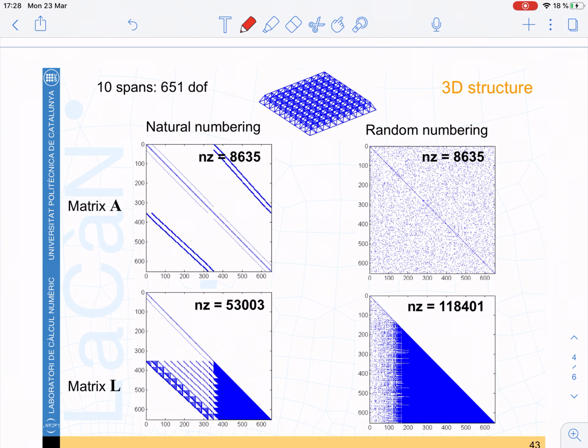For finer and finer meshes, the situation may get worse. So this is the case with the natural ordering of the nodes, where we get this fill-in. If we go to a random numbering, then fill-in is much more important.